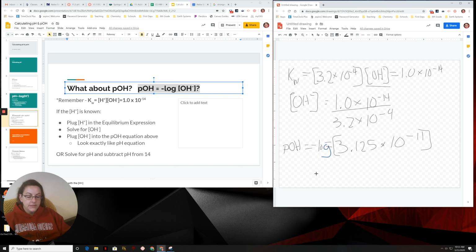If I calculate the log of 3.125 times 10 to the negative 11th, I get negative 10.5051499, so the negative gives us 10.5051499.